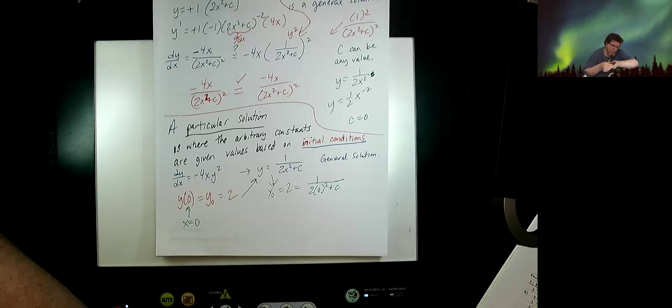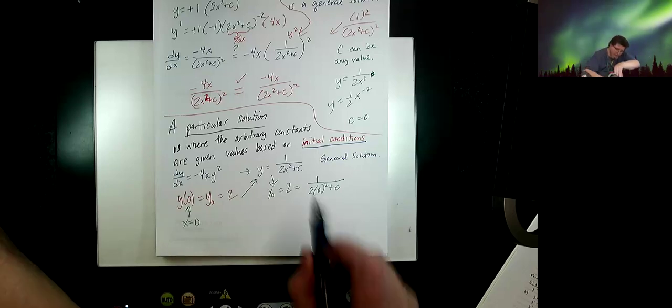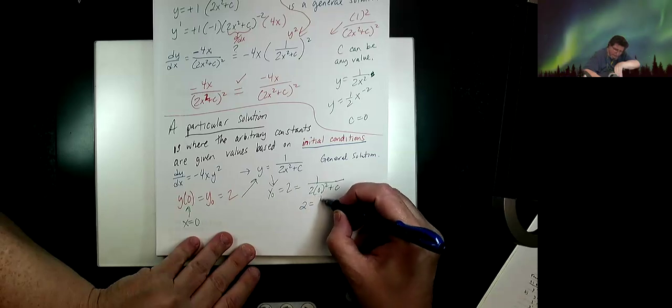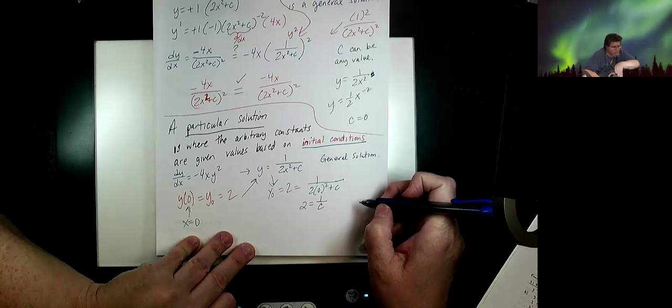So I have 2 equals, 2 times 0 squared is just 0, I have 1 over c.